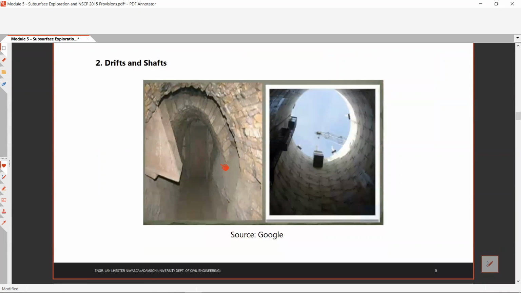Then number two, we have drifts and shafts. This one is the drift, so it is like you are making tunnels, and this is the shaft.